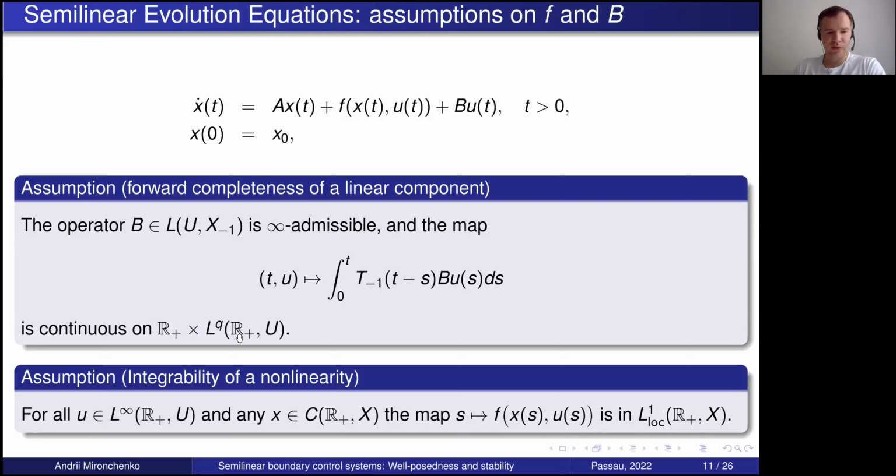Okay, so it should be here L infinity. We also assume that this map is continuous. There are some nice sufficient conditions for that. I won't go into details. So this is what we need to assume from B. But we need to assume something from F. Well, at the very least, since we would like to integrate these terms, we need to assume that for all L infinity inputs and continuous x, this map is integrable.